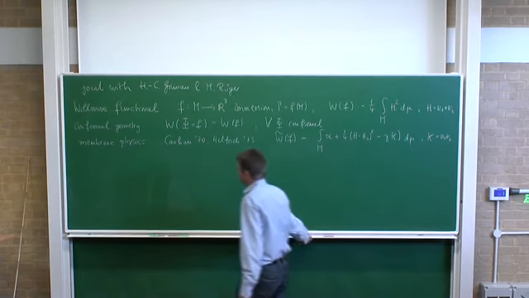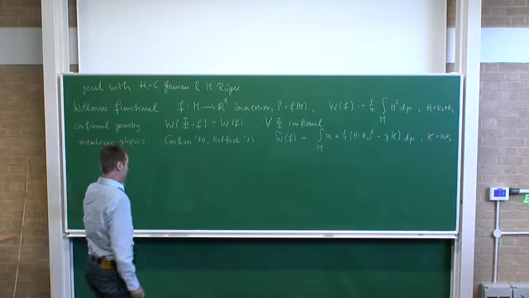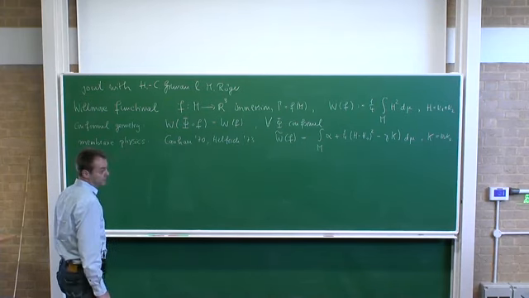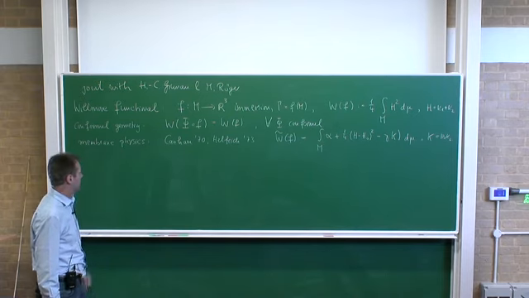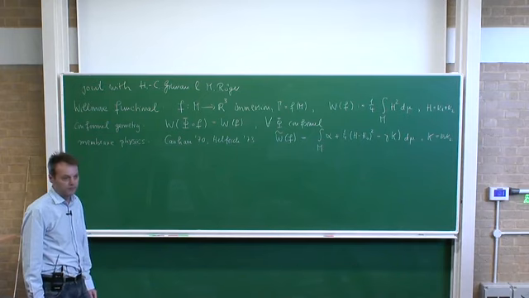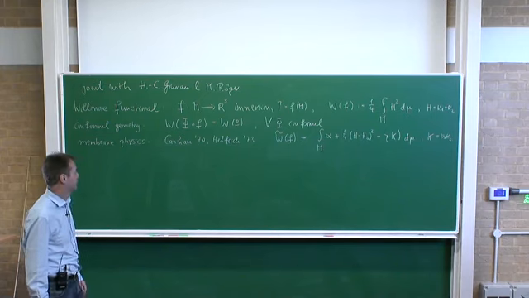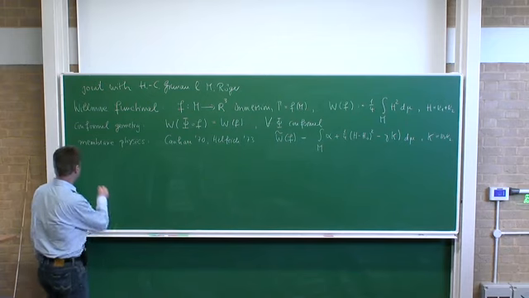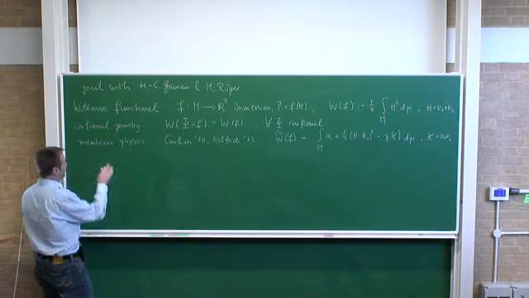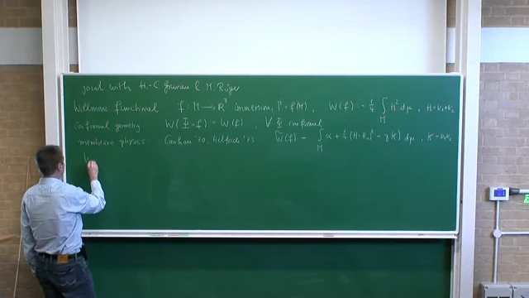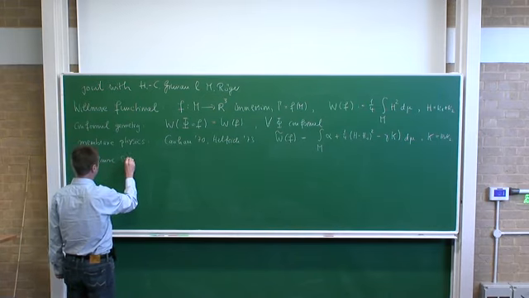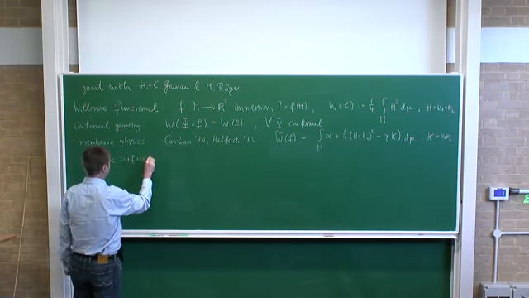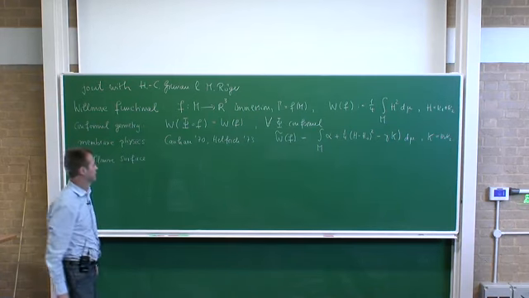So in these applications, quite often one is interested in minima for these functionals. And so the first step would be to look at the first variation and equate it to 0 in order to get the Lagrange equations. So this leads, if I go back to W, to the notion of a Willmore surface, which is just a stationary point for the Willmore functional.